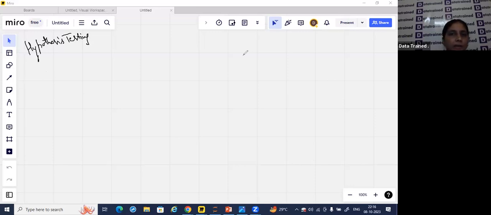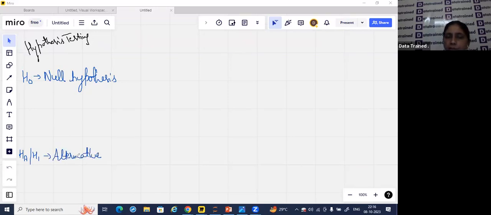Whenever we do hypothesis testing, we need to make two statements. One is the null hypothesis, which we call H0. And the other statement I need to make is HA or H1, which is also known as the alternative hypothesis.